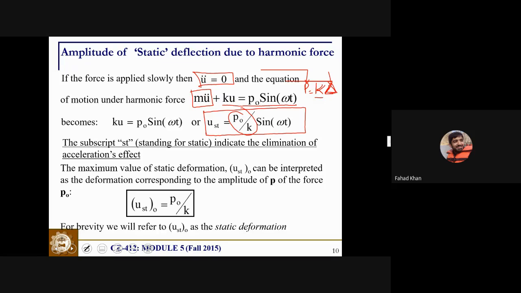The subscript st, standing for static, indicates the elimination of acceleration's effect. So the maximum value of deformation, or static deformation, can be interpreted as the deformation corresponding to the amplitude of the force P naught. So u static naught is equal to P naught by K. So this is our static displacement, and this static displacement is varying with respect to the sine omega t thing.